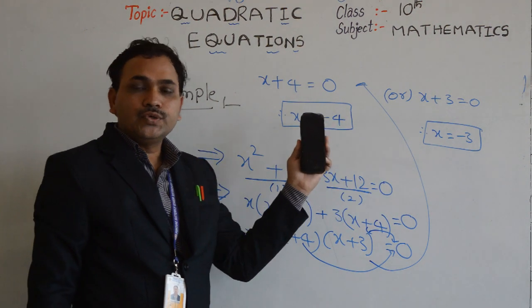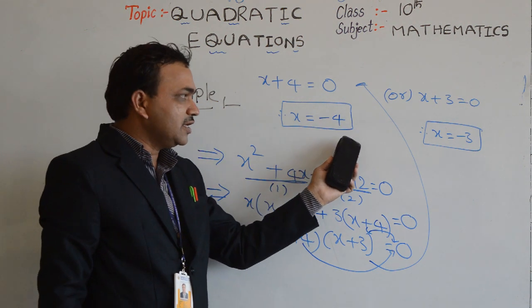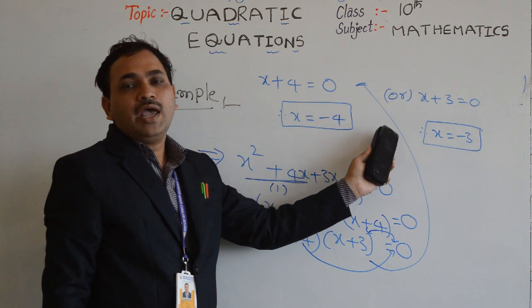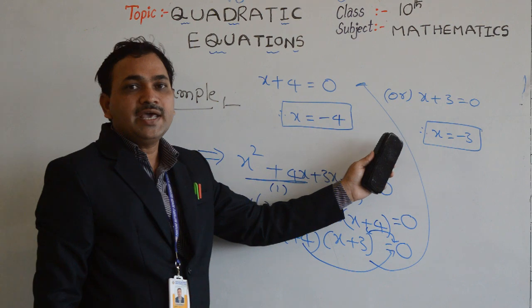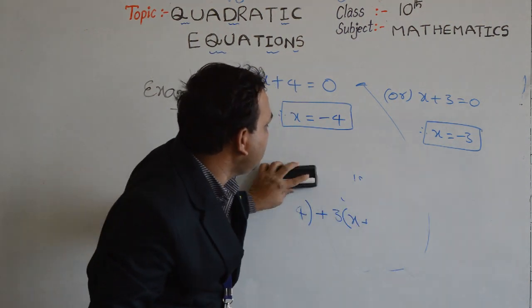Now we got two roots. What are the two roots? x is equal to minus 4 or x is equal to minus 3. Then what is the conclusion here?